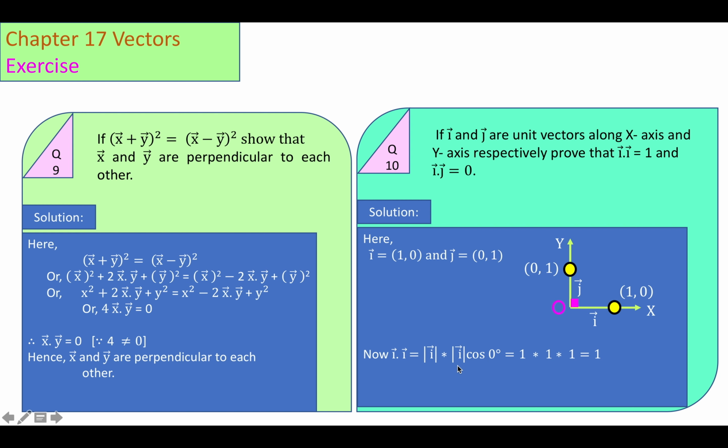So we have cos 0 degree, which equals 1 into 1 into 1 equals 1. And vector i into vector j equals magnitude of vector i into magnitude of vector j into cos 90 degree, because the angle between vector i and vector j is 90 degrees, which equals 1 into 1 into 0, because the value of cos 90 degree is 0, which equals 0. Proved.